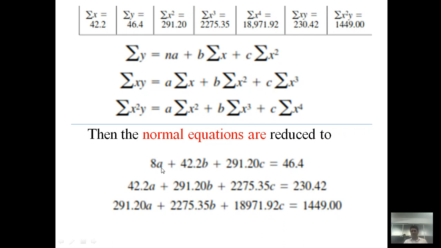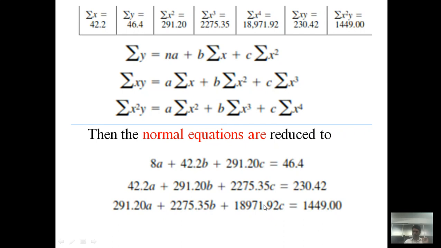Or simply the elimination method: multiply the first equation by some constant and subtract from the second, then subtract from the third. You have to apply any of these strategies to find the values of the unknowns A, B, C. Remember, there are three unknowns A, B and C, and we have three equations.